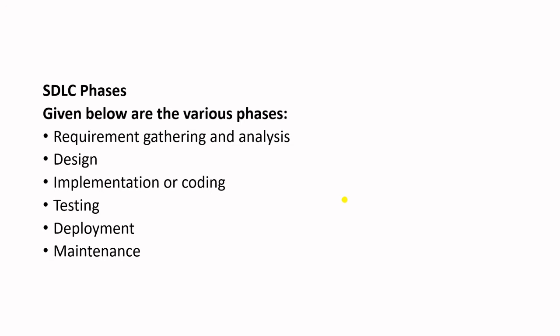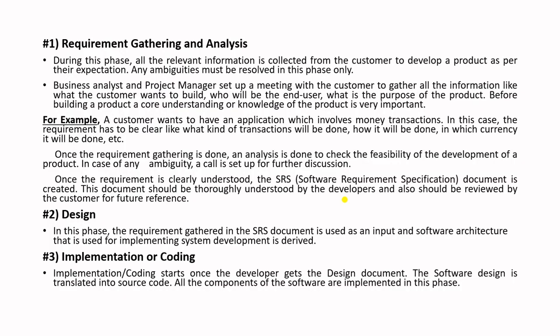Okay, now the requirement gathering and analysis phase. What do we do in this phase, or what does a software developer do in this phase? During this phase, all the relevant information is collected from the user, from the customer, to develop a product as per their expectation.